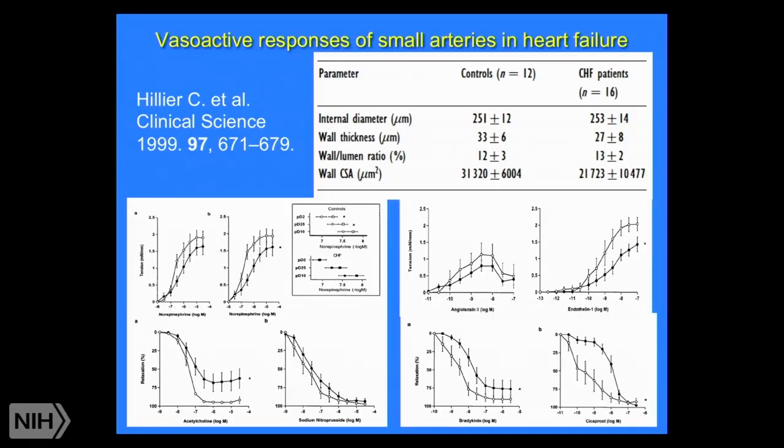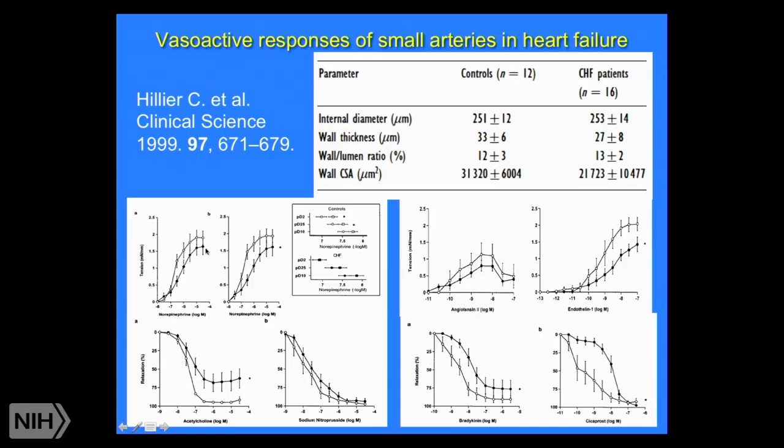From the Glasgow group and John McMurray, studies of small arteries in the subcutaneous tissue in heart failure. These vessels did not present significant morphometric abnormalities. However, they had significant changes in vascular reactivity.